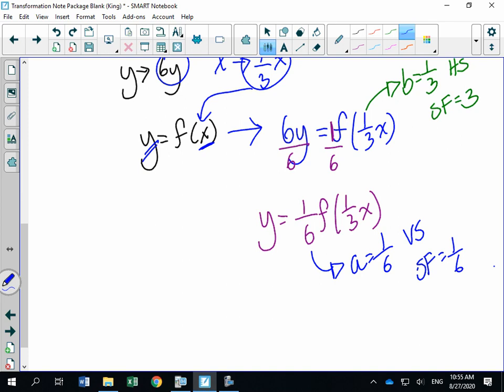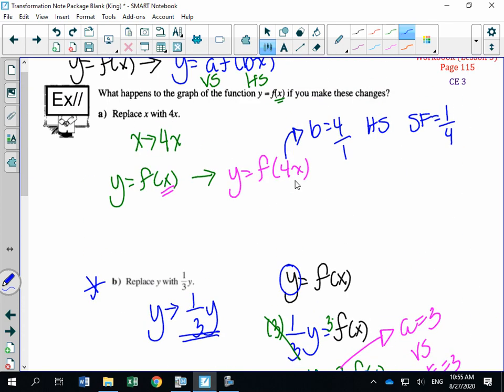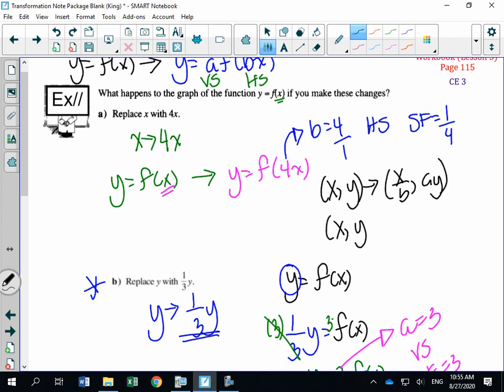Now, let's do the mapping for all three of these. Remember our mapping, it's x comma y goes to x over b, a times y. So for this one, x comma y, the b value was 4. So this would be x over 4, and there's no a value, so we'd get y, right?